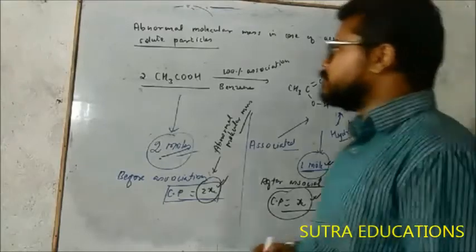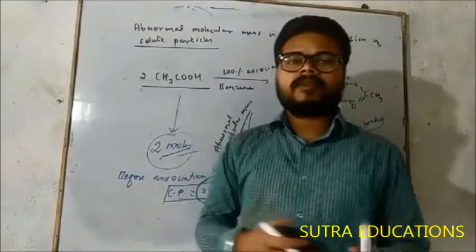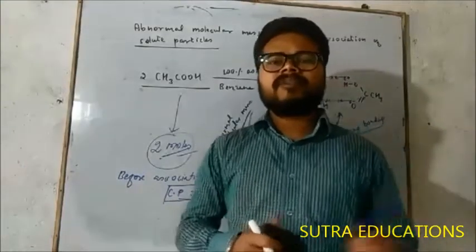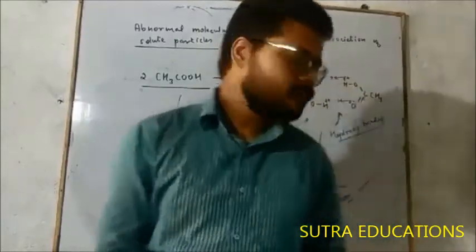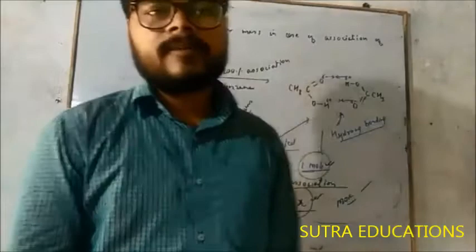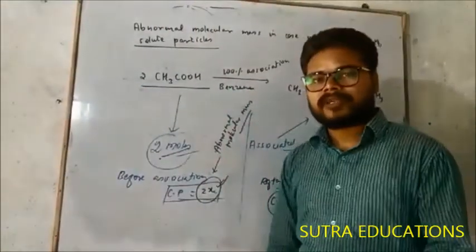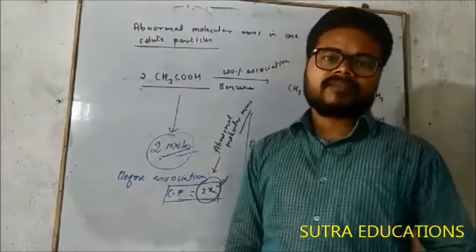In this way it works. I have simply told you molecular mass depends upon the colligative property. Both are inversely proportional to each other. If colligative property is more, then molecular mass is going to be less, and if colligative property is less, then molecular mass is going to be more.